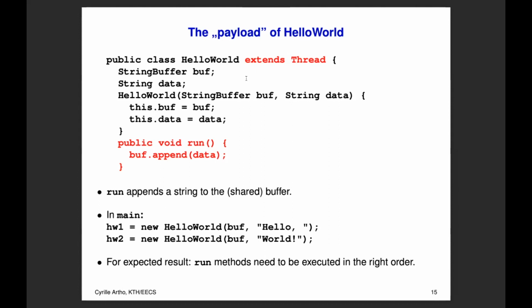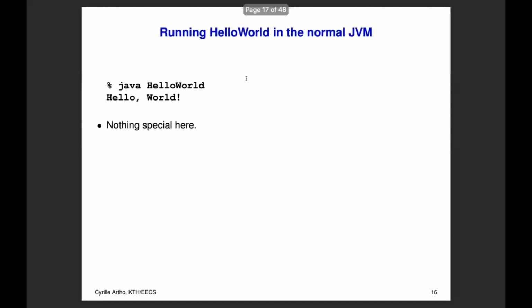Now, the thing is, if you test a concurrent program, it almost always runs in the right order, because the CPU is almost never that busy that for some reason a thread that was about to run cannot be scheduled right away. So if you do this in a regular JVM, then you get hello world.